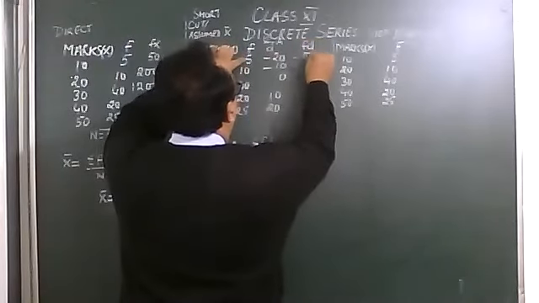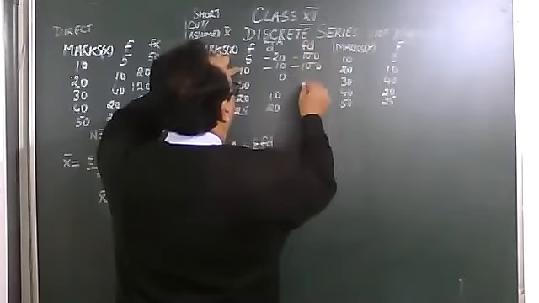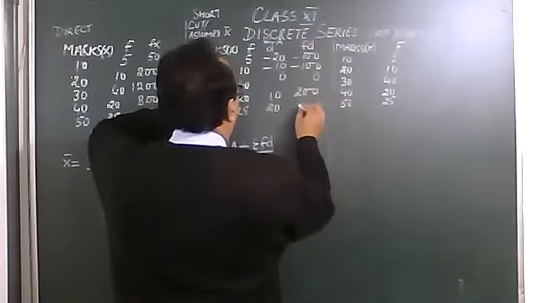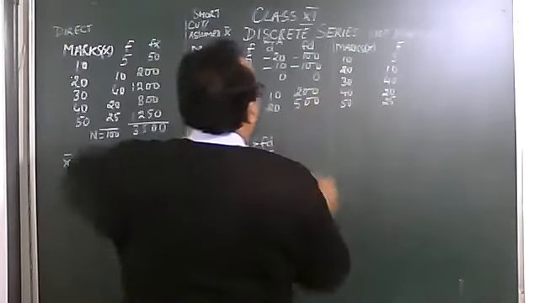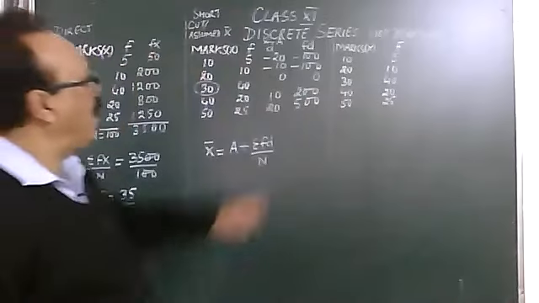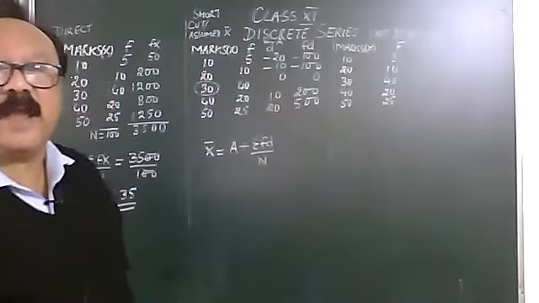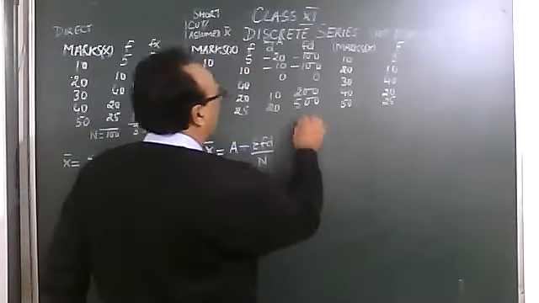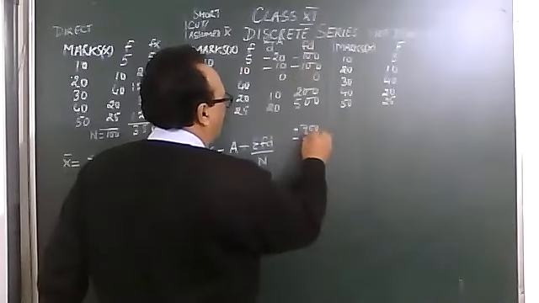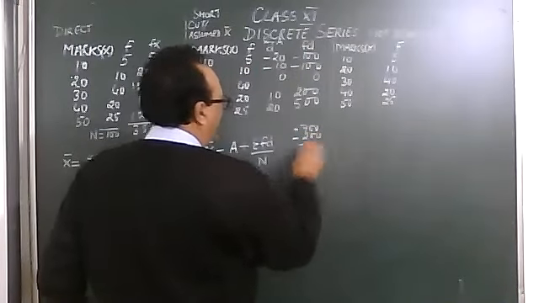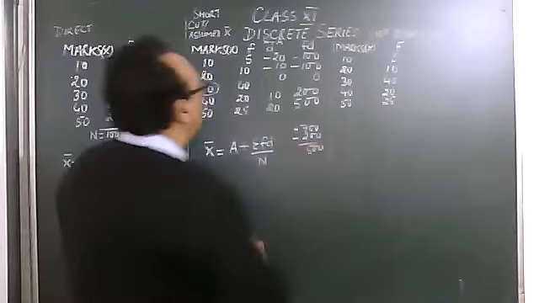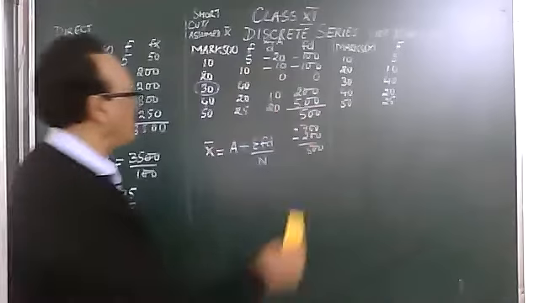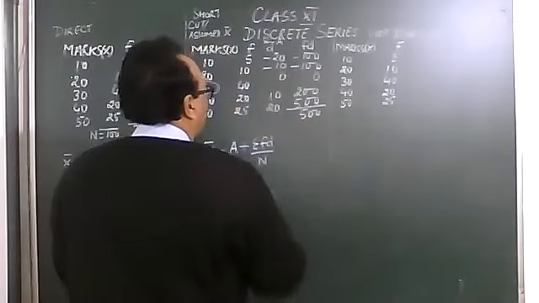Minus 100, minus 100, 0, 200, and 500. Now, like yesterday, like terms are added, unlike terms are subtracted. 500 and 200 is 700 in the plus, 100 and 100, 200 in the minus, you will get 500. So here sigma fd will be 500.